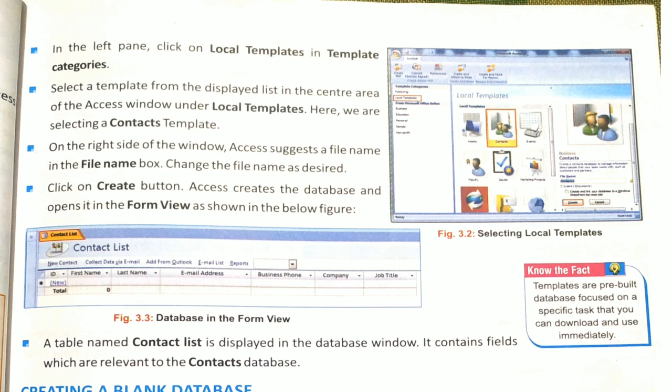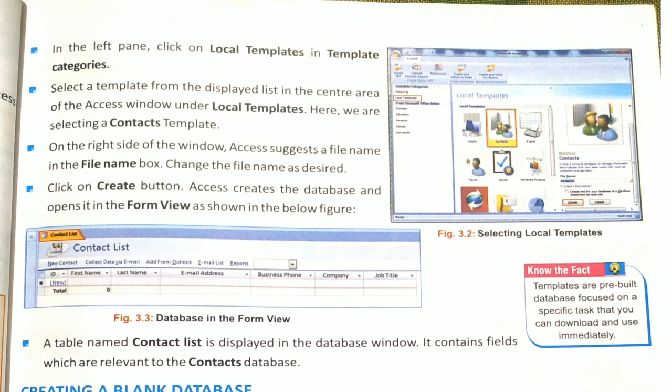Now you will click on the Create button. Access will display the created database, and you have to open it in Form view as shown in the figure. A table named Contact List is displayed in the database window. It contains fields which are relevant to the contact database.